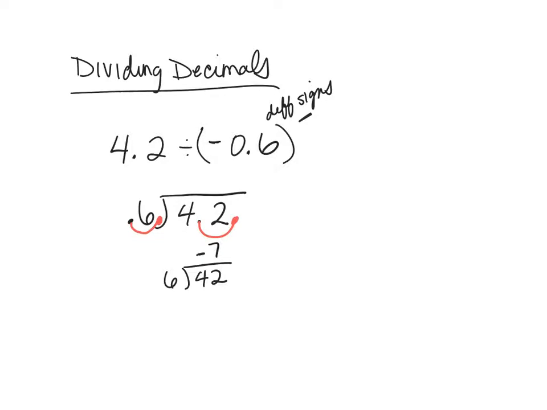I'm going to give you one to try. Negative 3.5 divided by 0.7. Can you do that one?